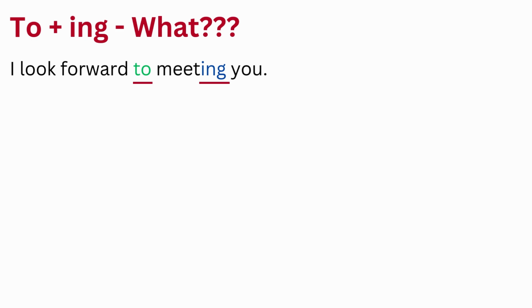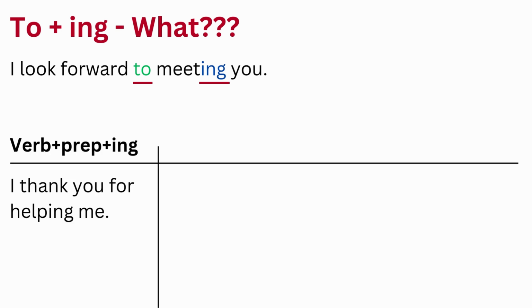First off, what am I talking about with "ing", and what am I talking about with "to"? So let's look at the basic rules. This is all about when you have two verbs in a sentence. For example, thank is the first verb, and help is the second verb. What you will notice is the first rule.